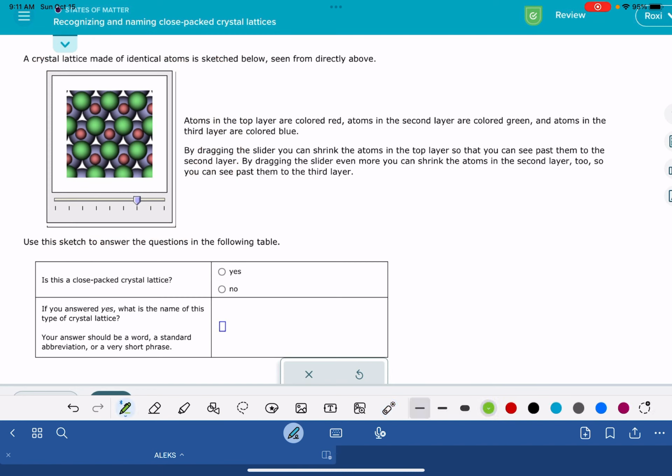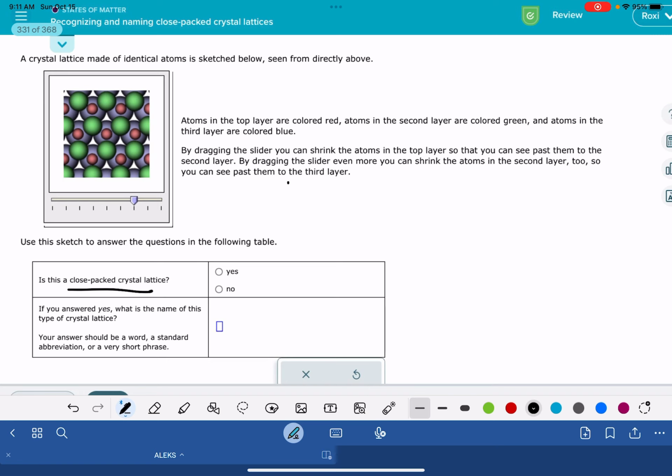at this point right here. Now, if it is a close-packed crystal lattice, there are going to be two different options for the type of crystal lattice that you're looking at. One of the types is the hexagonal close-packed crystal lattice, and you can use that abbreviation HCP. ALEKS does accept that. The other type is the cubic close-packed.